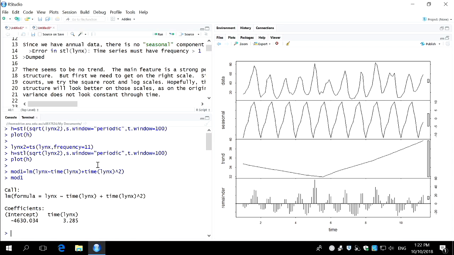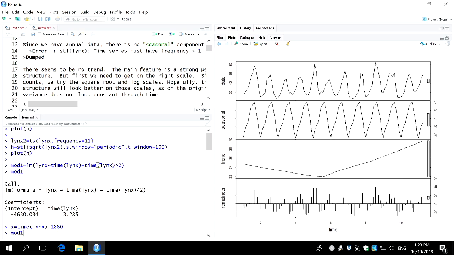The reason it does that is because it thinks these two are collinear. We could try centering time. So let's let x equal time(lynx) minus, what's a middle year? 1821 to 1934, 1880. That was a good year.